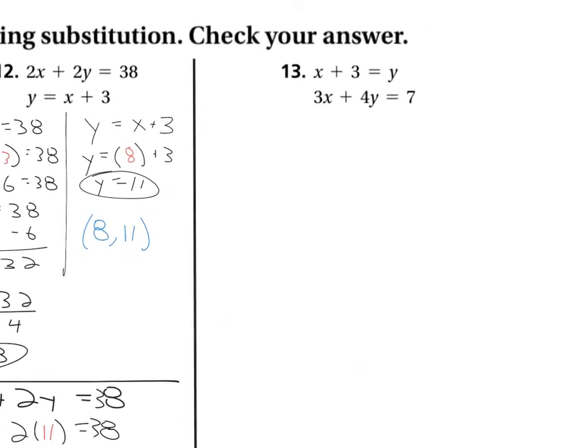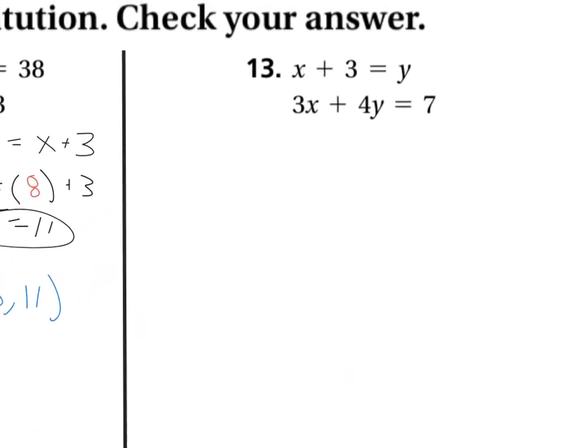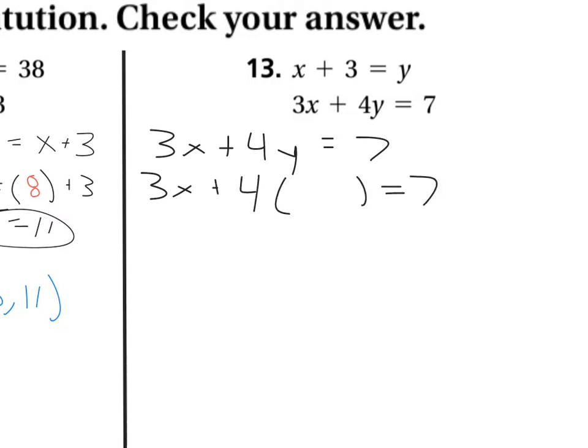Okay? So let's zoom in and do this last one. And we are going to take 3x plus 4y equals 7. And we're going to substitute in for y the expression that y is equal to, and that expression is x plus 3. You can see that we're going to need to distribute.